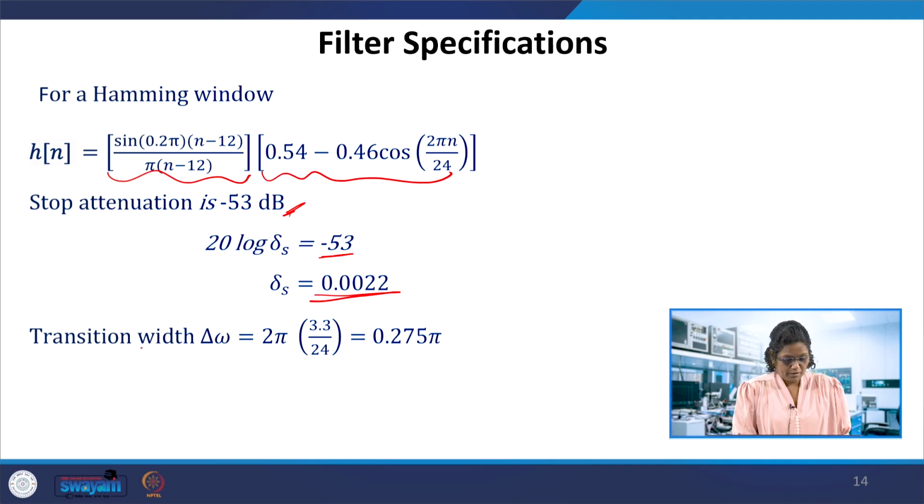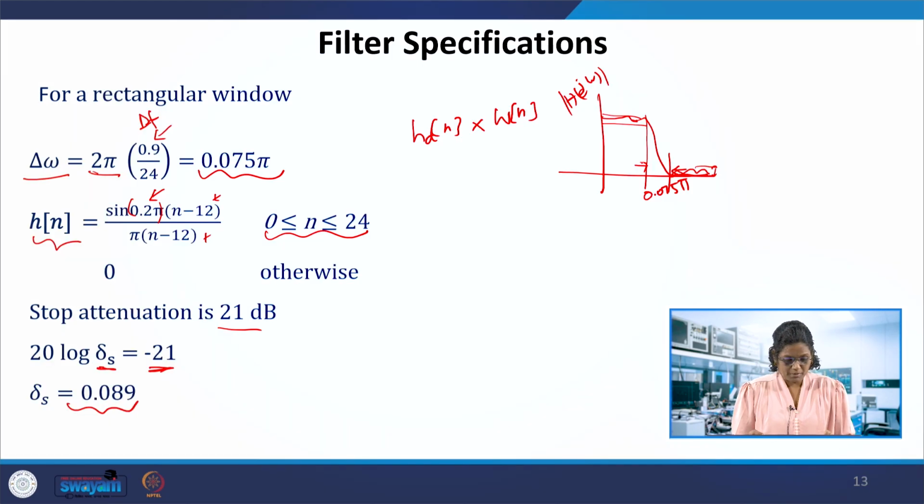But what happens to the transition width? This del omega is equal to 2 pi del F, which is going to be 3.3 by N. So 3.3 by 24 results in 0.275 pi, whereas in the previous case it is 0.075.